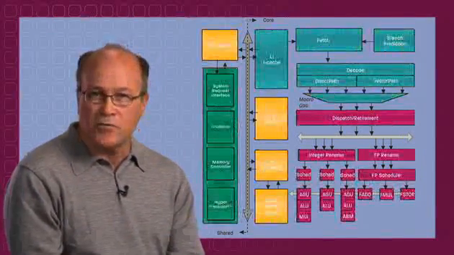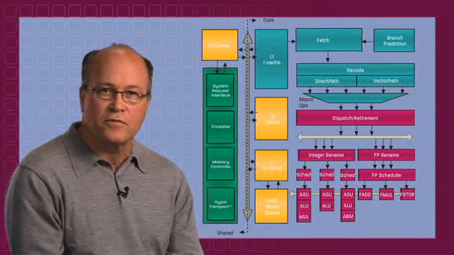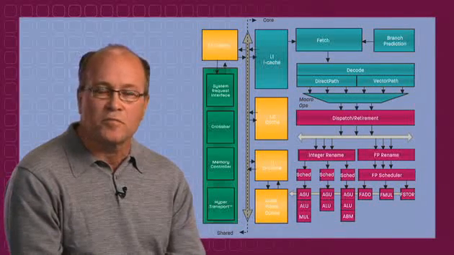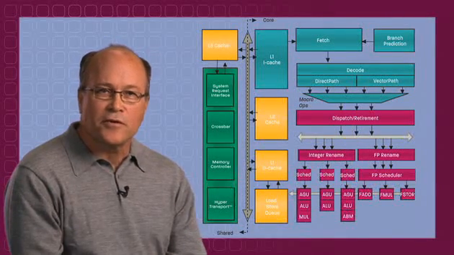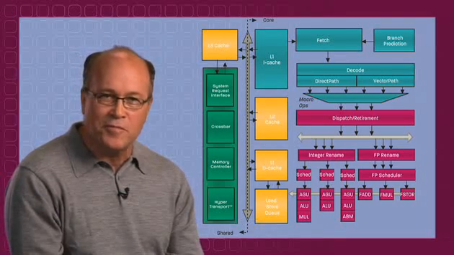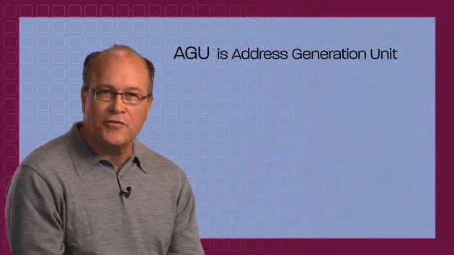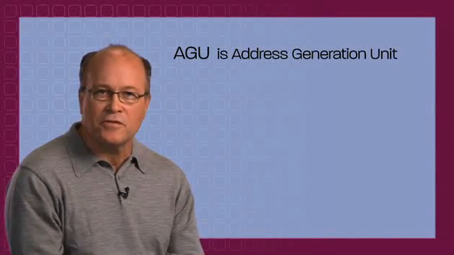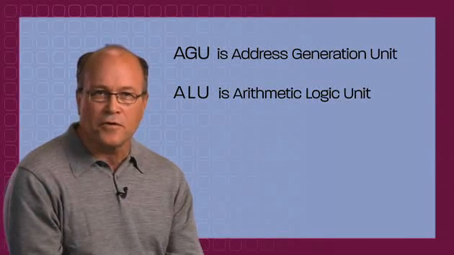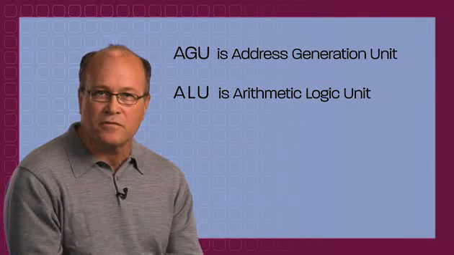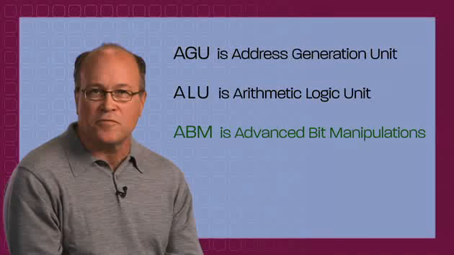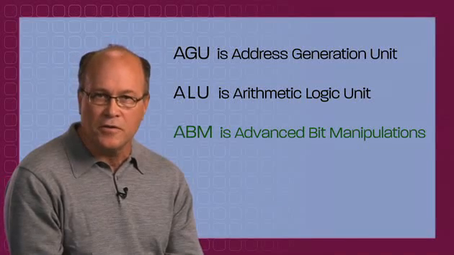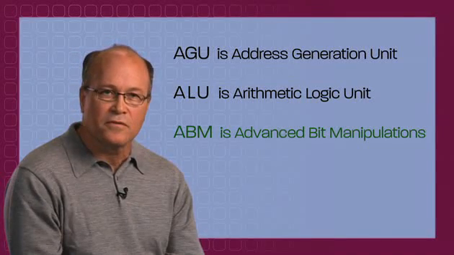This feature, combined with prefetch and branch prediction, can dramatically accelerate processing. There are several abbreviations that will be familiar to you. AGU is Address Generation Unit. ALU, of course, is Arithmetic Logic Unit. ABM is Advanced Bit Manipulations, part of the new set of instructions.